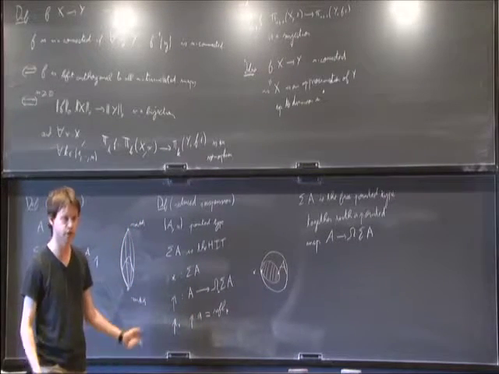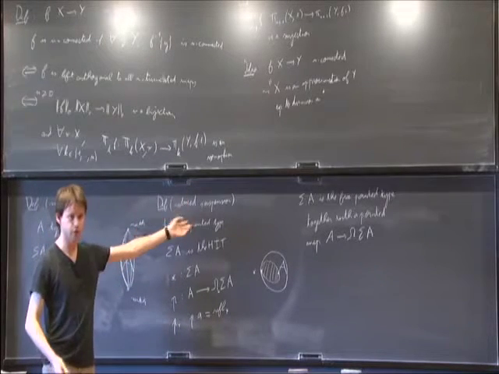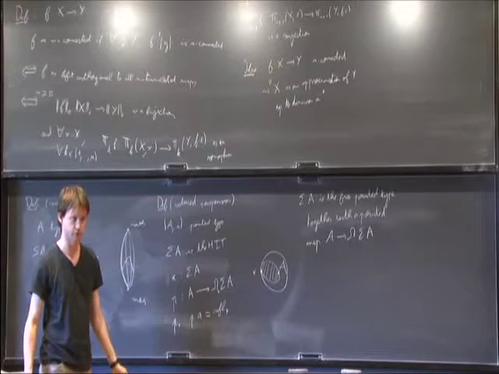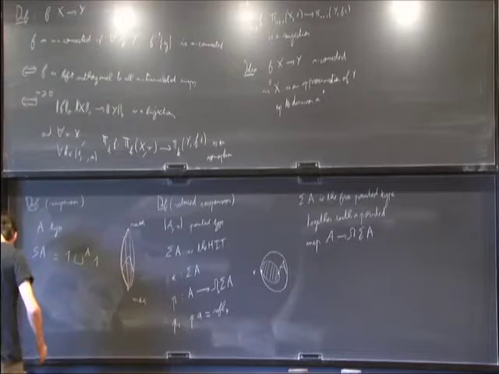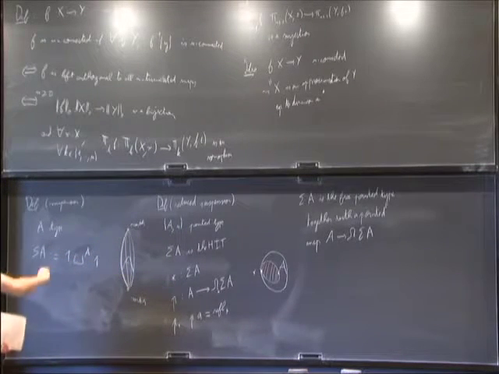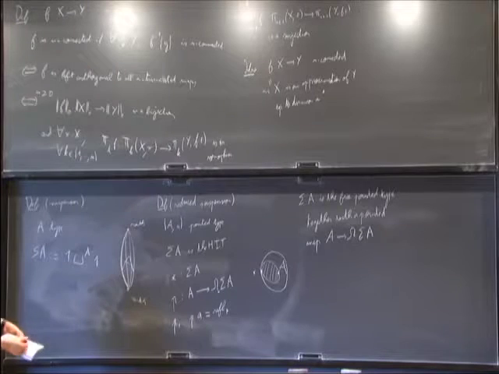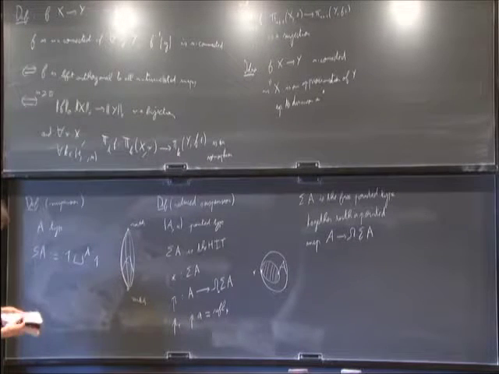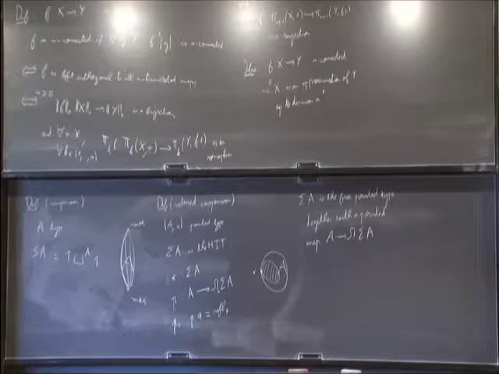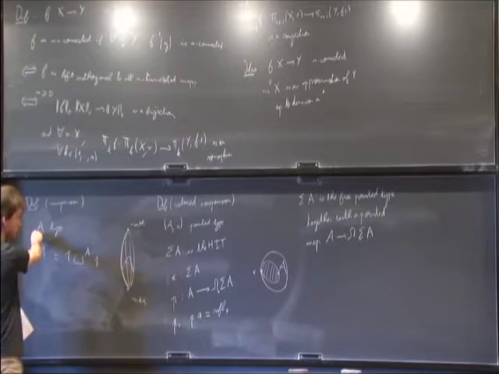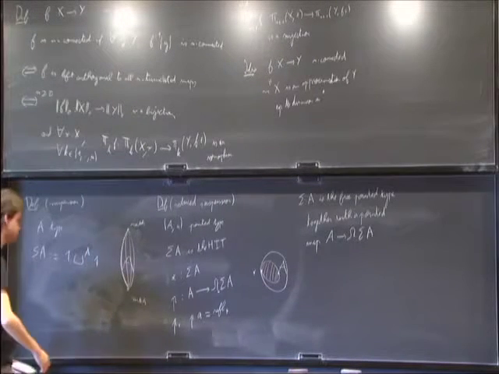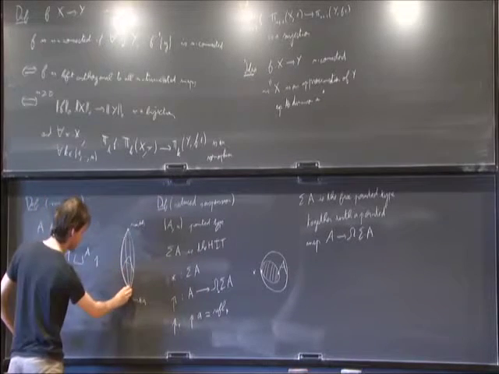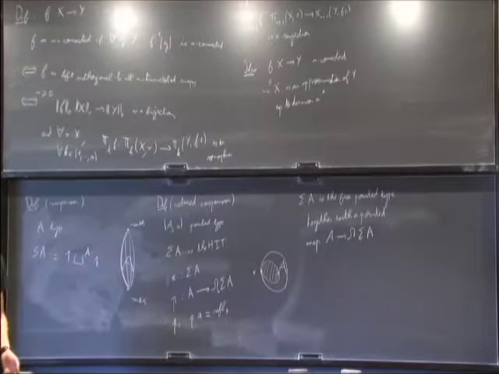So the suspension basically is just the free pointed type together with a pointed map from A to the loop space of sigma A. Okay? And the two definitions are equivalent. You can write the map back and forth and prove that the composition is the identity. If A is pointed, then the two definitions are equivalent, because every time you have a path, you can compose with the canonical path going through the base point. Okay?